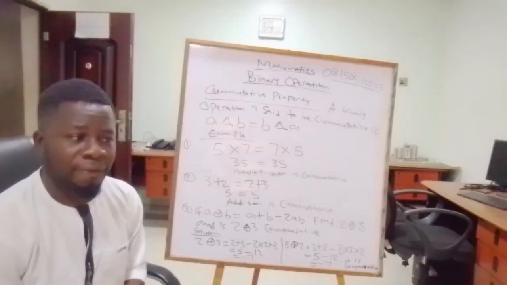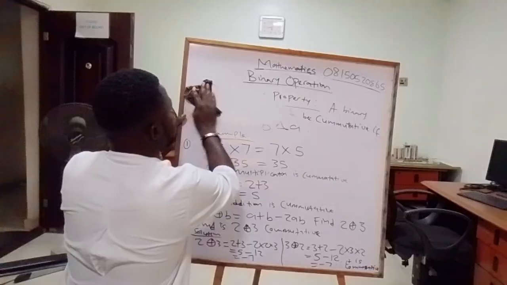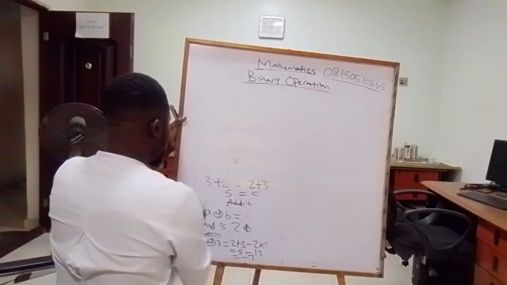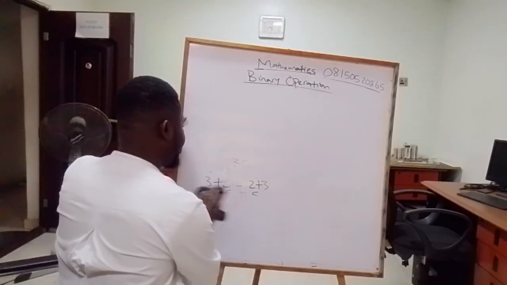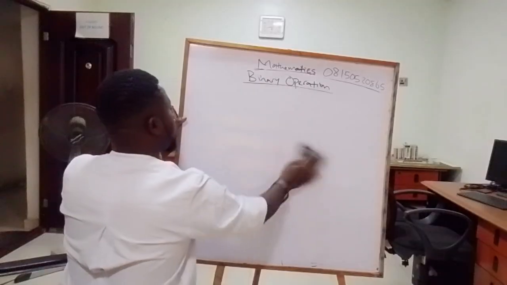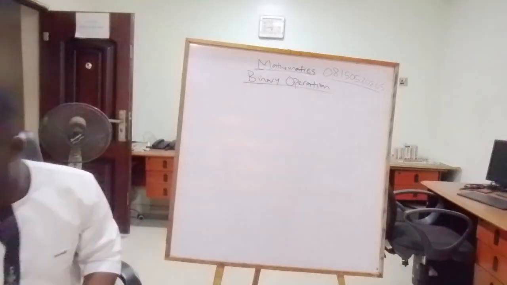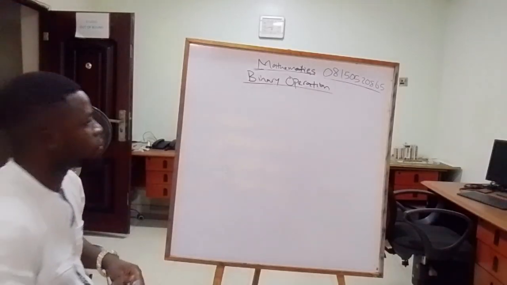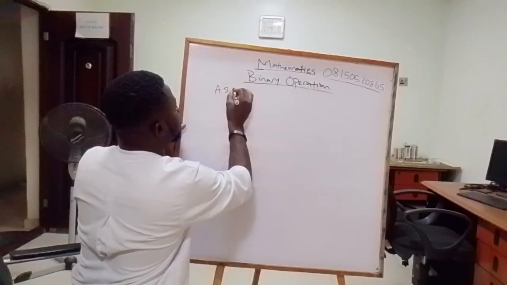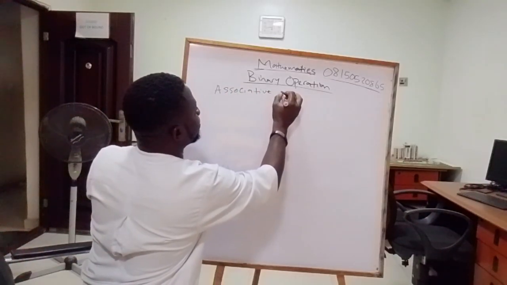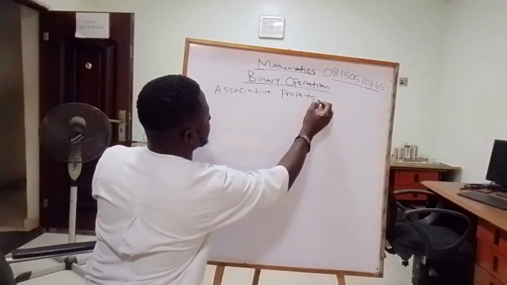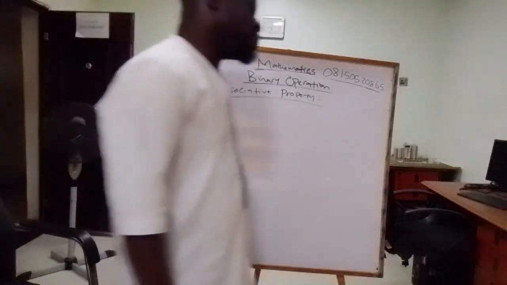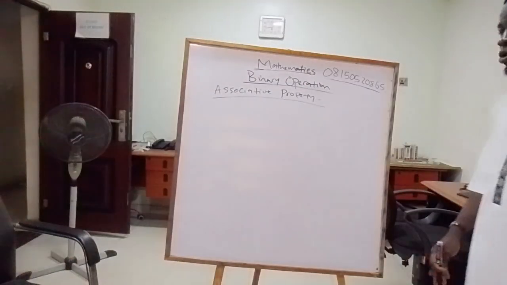Let's go to associative property. Just like you know that when you're talking about an association, you can't be just two, it will be three or more.